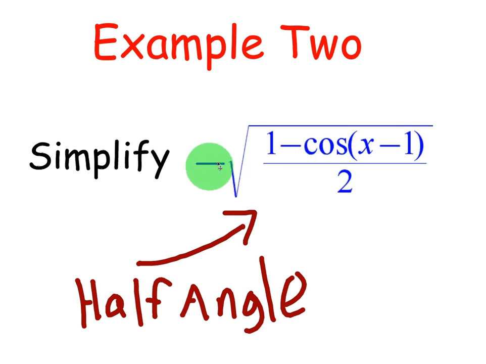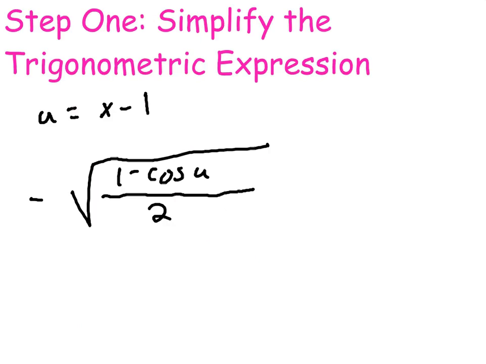Well, we're going to use the same 3 steps we used before in order to simplify this expression. So step 1, we're going to simplify the trig expression using basically any method we've learned before, all the way from Pythagorean identities to factoring to, in this particular case, some substitution.